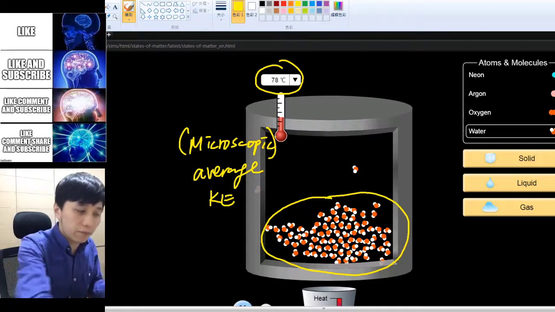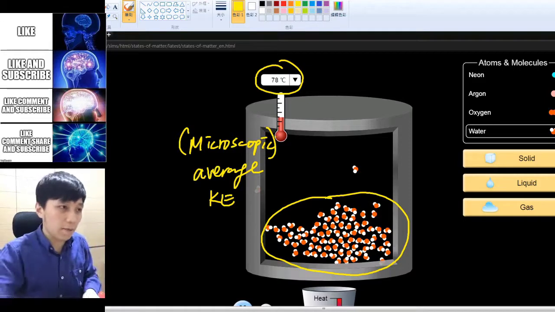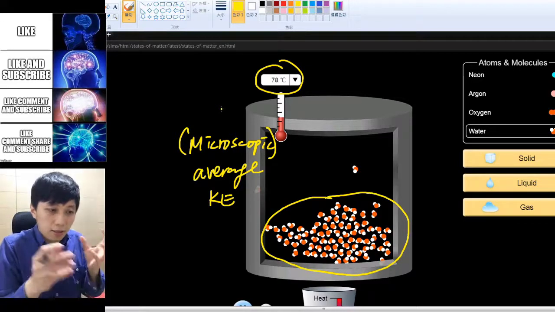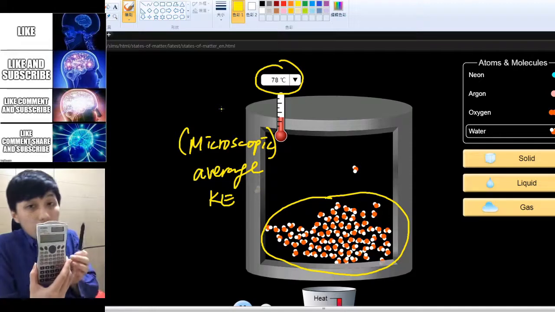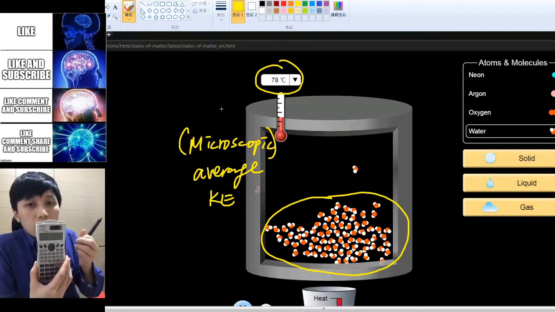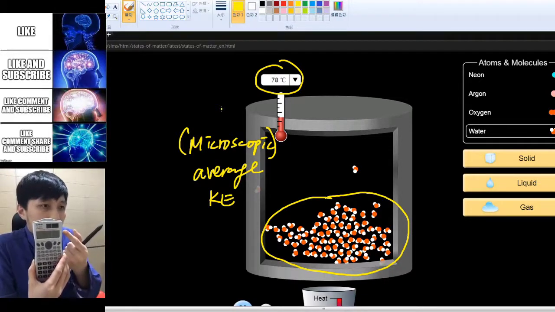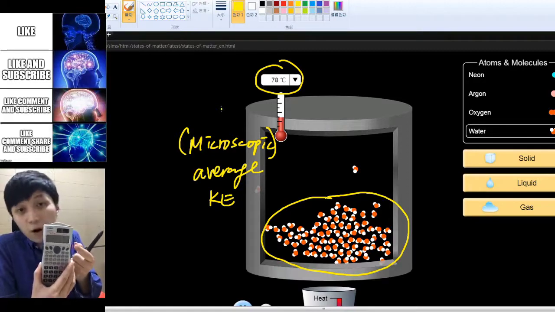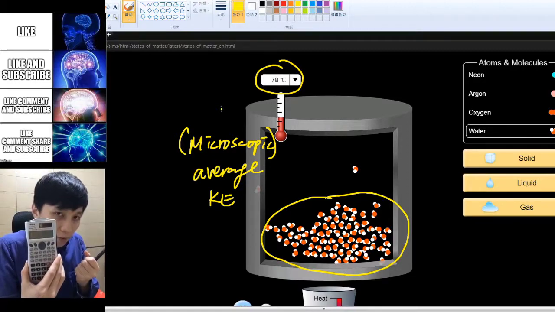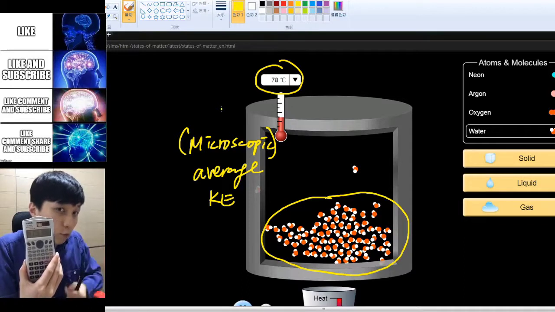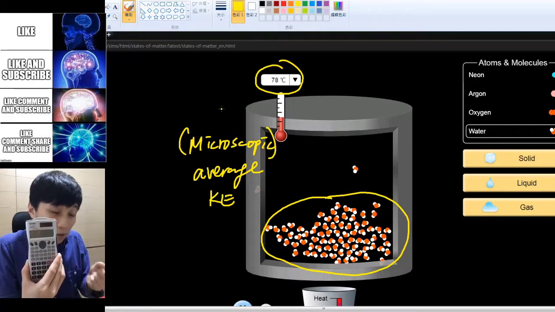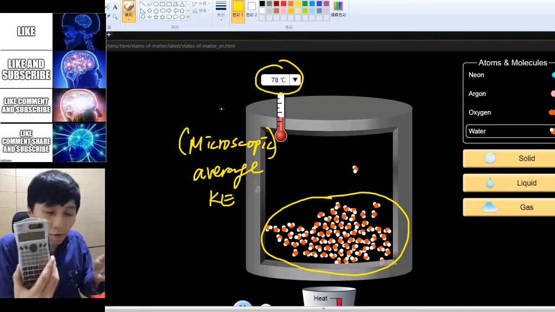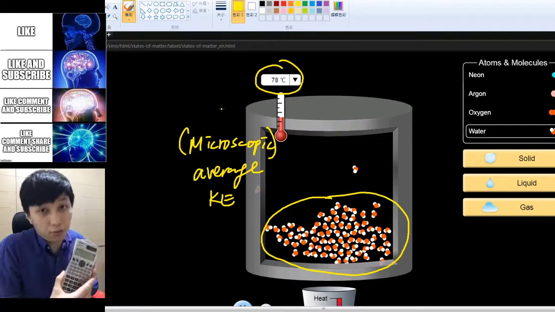However, when we talk in terms of temperature, it is talking about the microscopic. So for example, again, this calculator, if I don't move it, they still have KE because the temperature of this calculator is probably the room temperature, and they will still vibrate. If you remember, all particles above absolute zero, which is negative 273 degrees Celsius, will vibrate as long as you are above absolute zero.